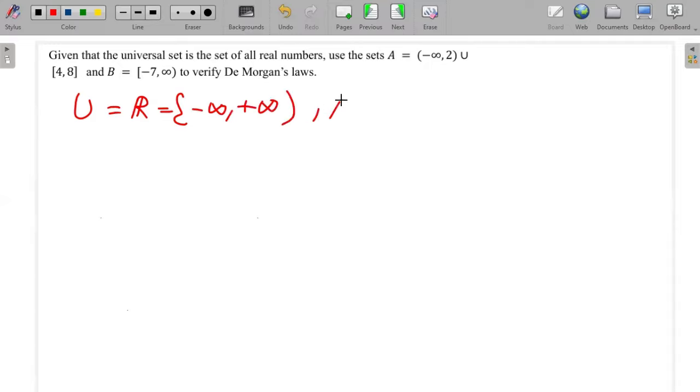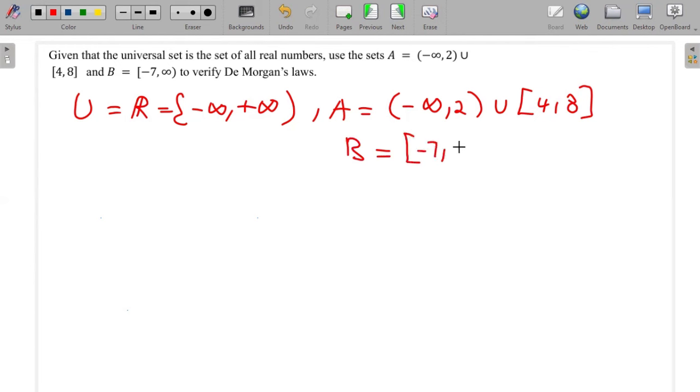Use the sets A, which is from minus infinity to 2 union 4 to 8 inclusive, and the set B, which is minus 7 to positive infinity, to verify De Morgan's laws. So here we're just verifying De Morgan's laws using this. There are 2 De Morgan's laws. We have A intersection B complement, which is the same as A complement union B complement.